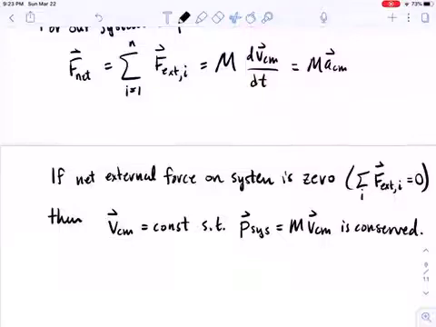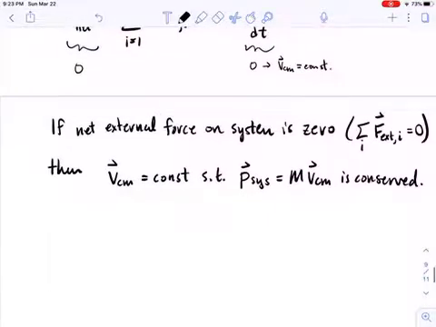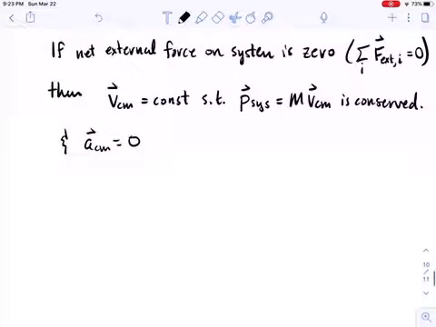The reason the center of mass velocity must be a constant is because if we set F net equal to 0, then the time derivative of the center of mass velocity is 0, which means V center of mass is a constant. And that would result in the center of mass acceleration being equal to 0.